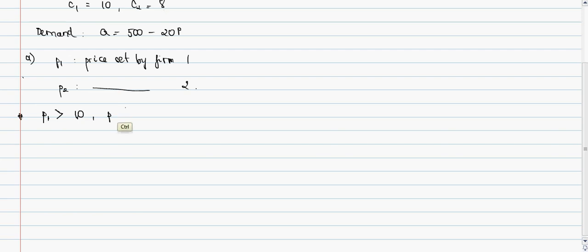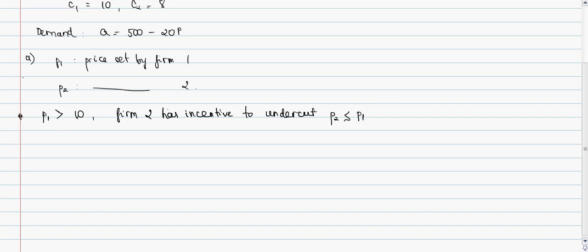So if firm 1 sets the price bigger than 10, firm 2 will have an incentive to undercut and set P2 a little bit smaller than P1, and they will be able to capture the whole market. That is, a little bit smaller than whatever firm 1 is charging.